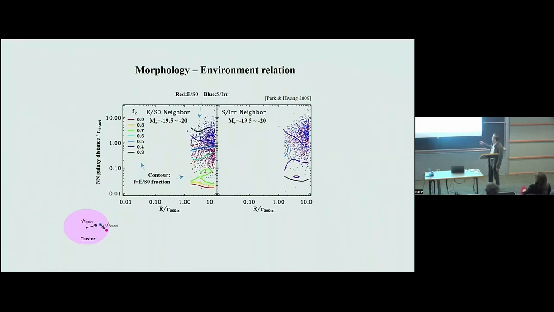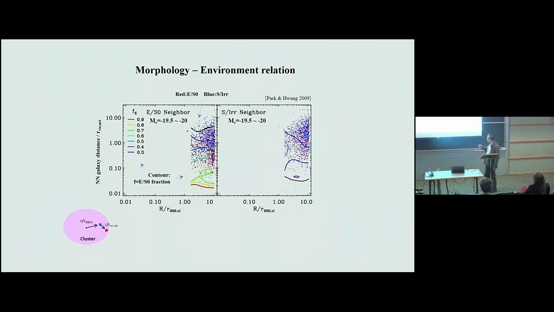And it's a monotonic function of the distance to the nearest neighbor. But it's completely different depending on whether this neighbor has early type morphology or late type morphology. If you have an early type neighbor, your probability of being an early type galaxy monotonically increases, whereas it goes in the opposite direction if you have a late type neighbor.